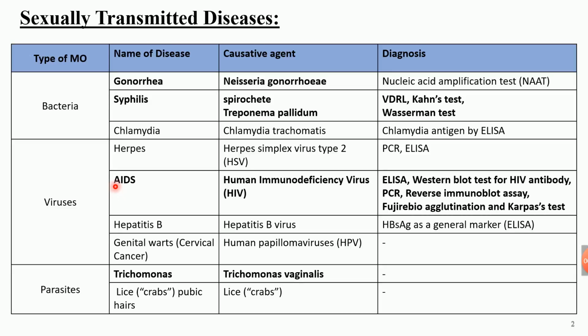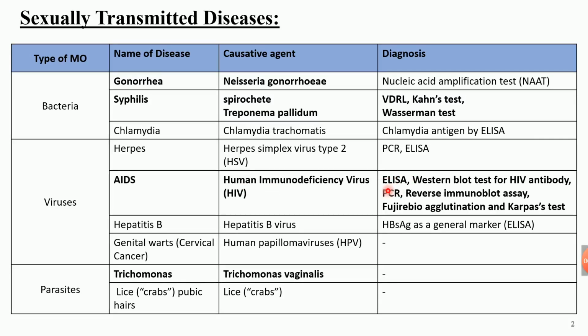Next is AIDS, that is acquired immunodeficiency syndrome, caused by HIV, human immunodeficiency virus. So here HIV is the virus which causes the disease known as AIDS. AIDS is the disease caused by HIV.